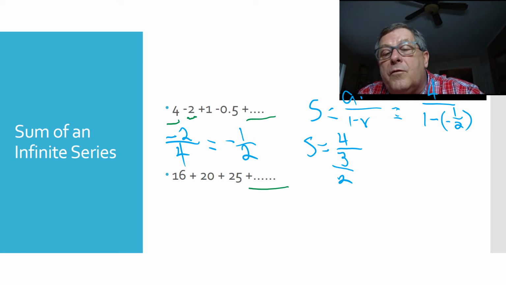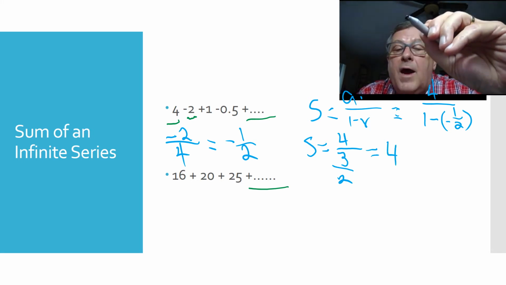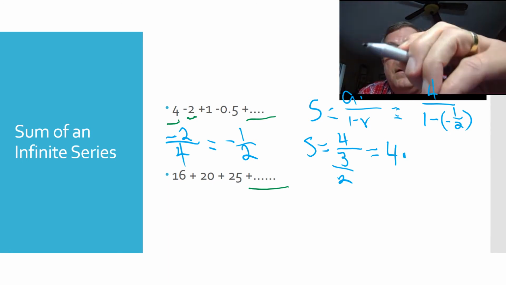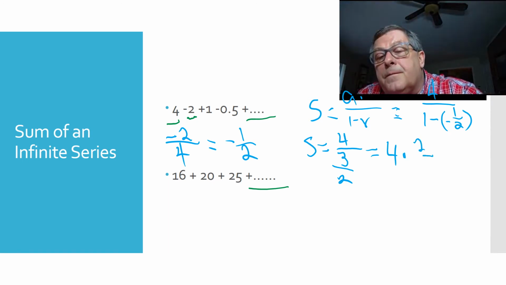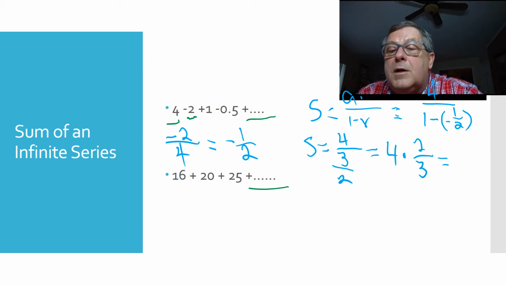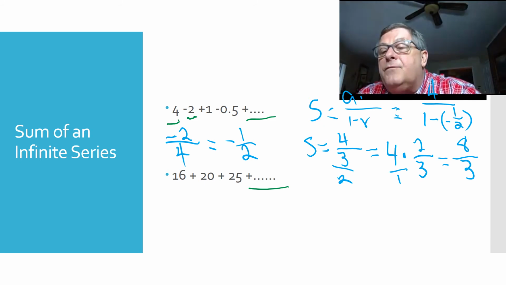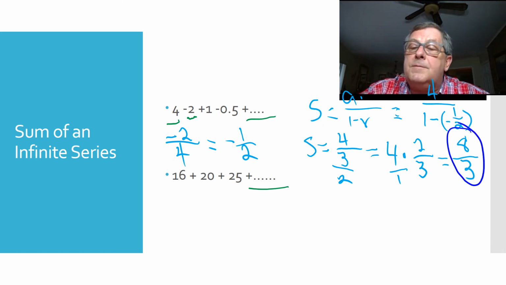So I got 4 over 3/2. So I'm dividing 4 by 3/2. That's the same as multiplying it by 2/3. And when I do that, well, 4 times 2, I can look at that as 4 over 1. 4 times 2 is 8. 1 times 3 is 3. And so the sum of my infinite series here is 8/3.